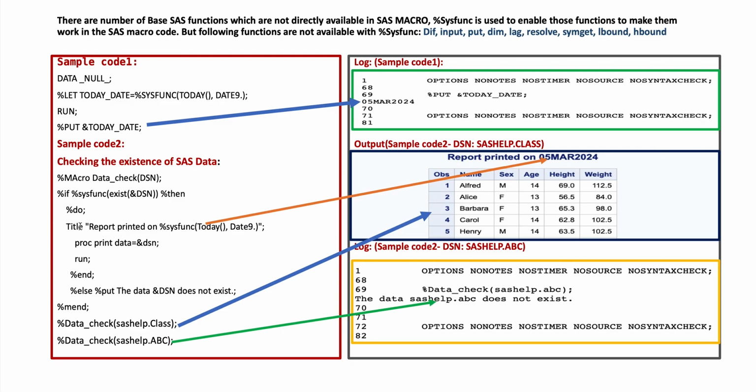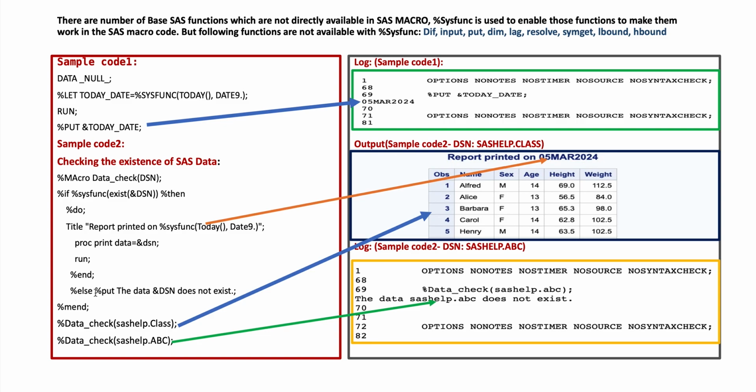That means create a report where the title is 'Report printed on' %sysfunc(today), and we provide the format here, date9, and proc print data equals whatever we provide, and run. %end ends the do loop.